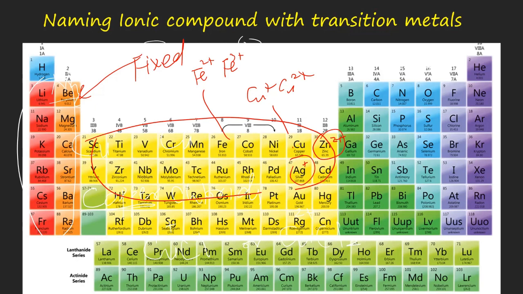So let's see some examples. If you have not watched the videos on naming binary ionic compounds and naming complex ionic compounds, please watch those first, because I'm not going into the basic details.